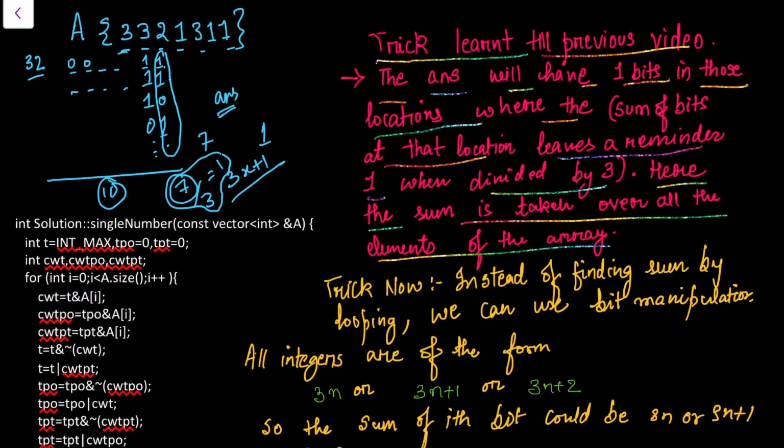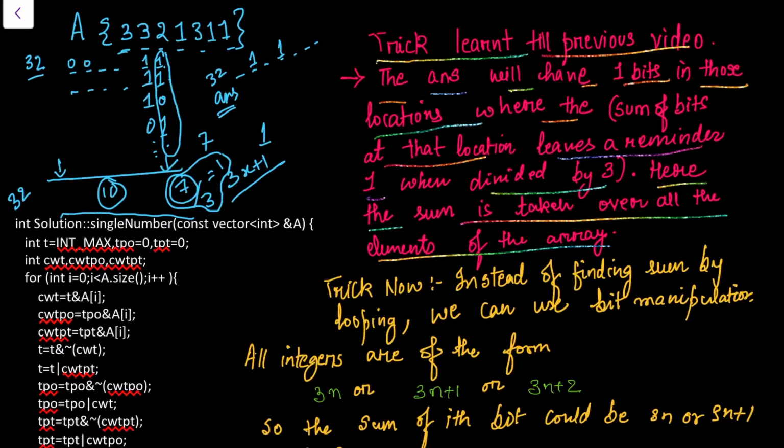Our answer has a binary representation consisting of 32 bits, and we will also have 32 sums, one for each location, from location number 0 to location number 31. Wherever the sum is of the form 3n plus 1, those places will have 1 in the answer.